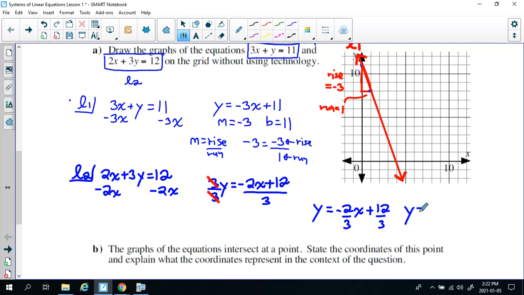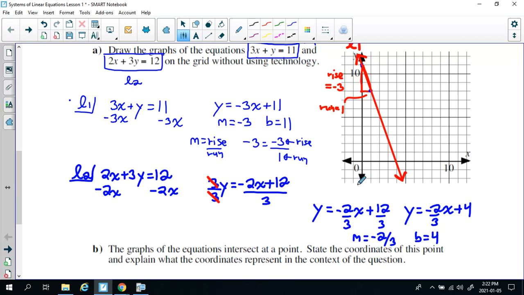But 12 over 3 divides evenly, so we can turn it into negative 2 over 3 x plus 4. Okay, so here my slope m would be negative 2 over 3, and then my y-intercept would be 4.